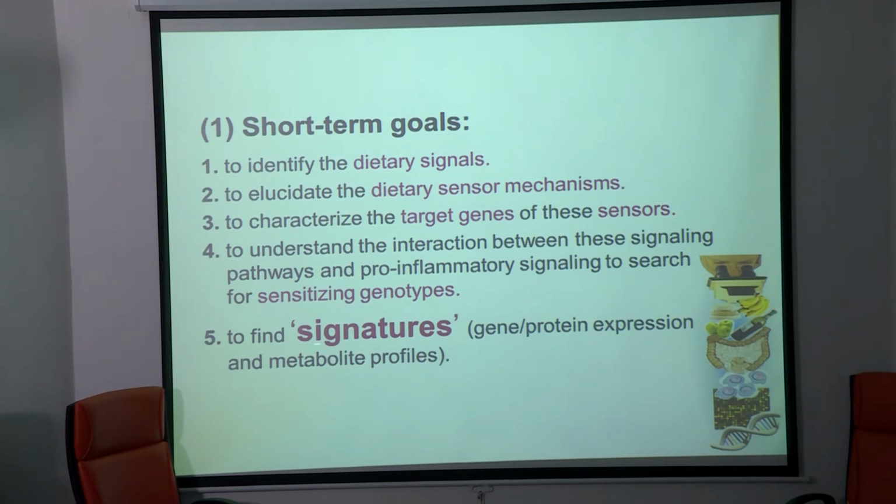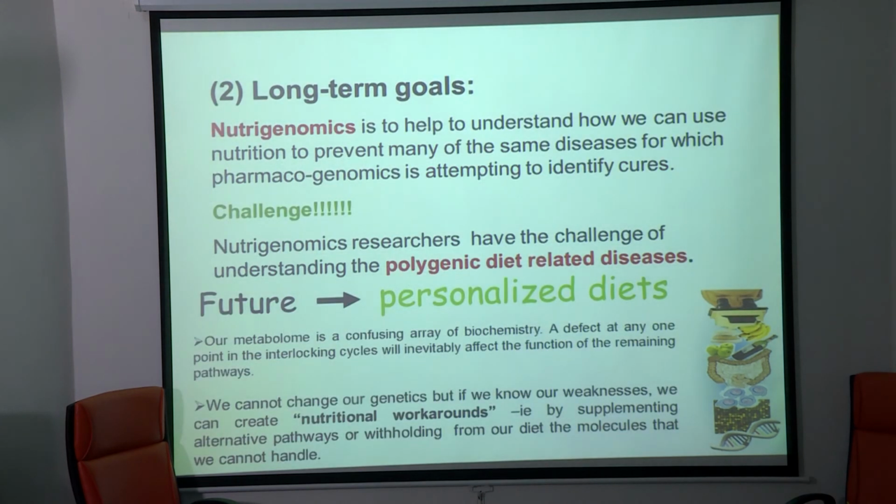We will find the signatures in the form of gene expression, protein expression, and metabolite profiles. So we need to know the dietary signals, the signatures they produce and how they produce them, and what are the new genes which are involved in this process.